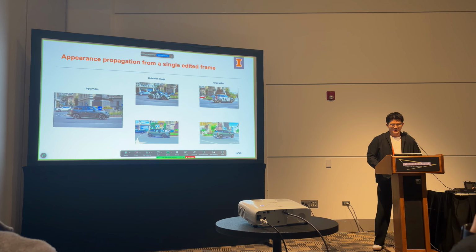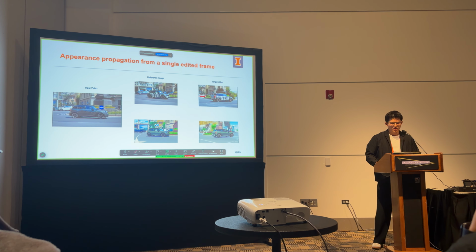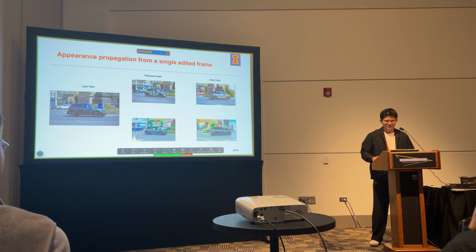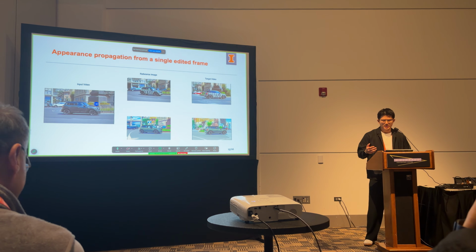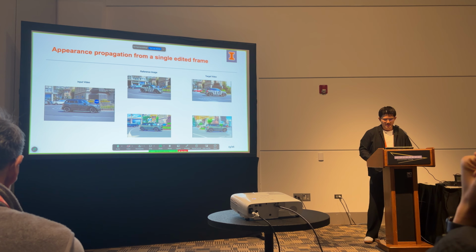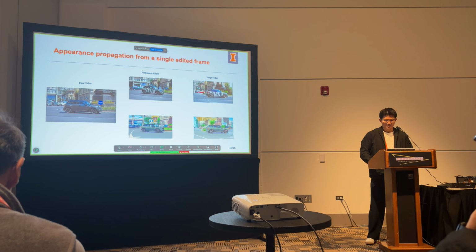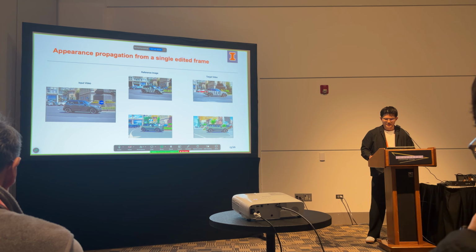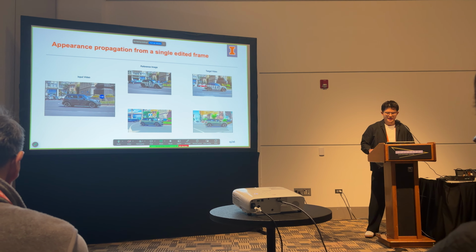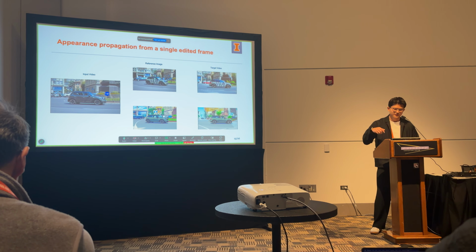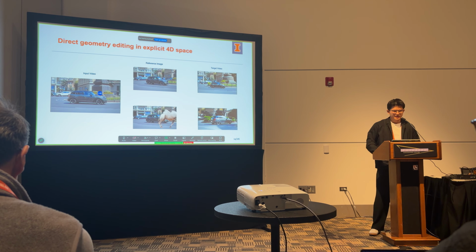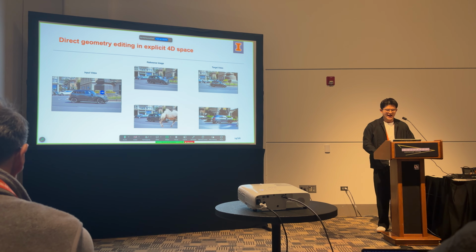The first one is appearance propagation. Here we only edit a single reference frame, for example, by changing the texture or applying a style transformation. Our method can propagate this edited appearance consistently across the generated target video in the new views. And the second application is geometry editing.